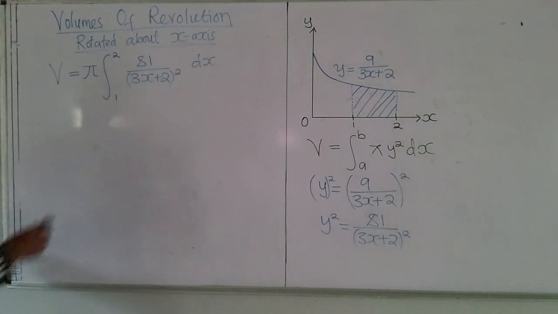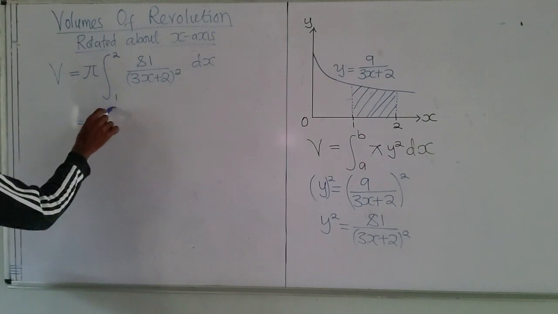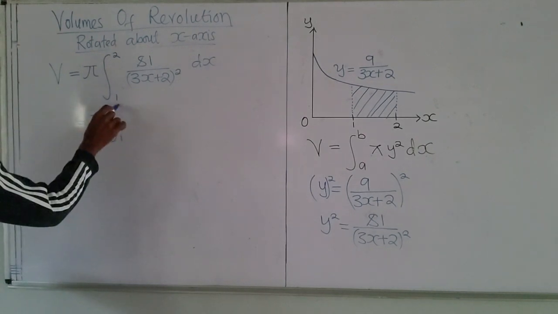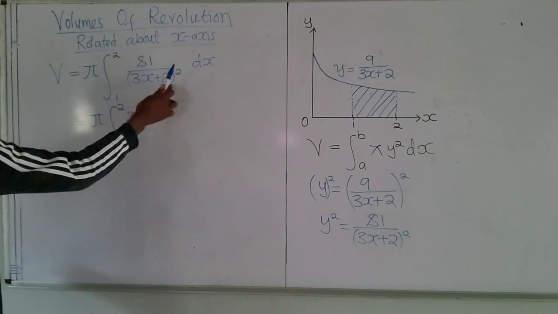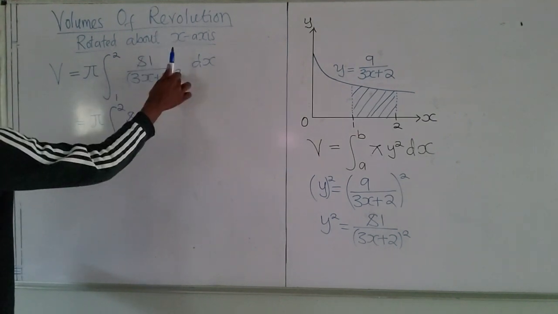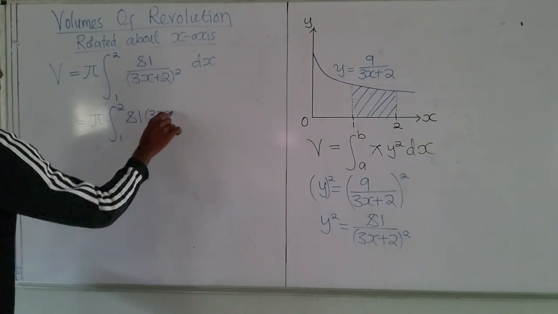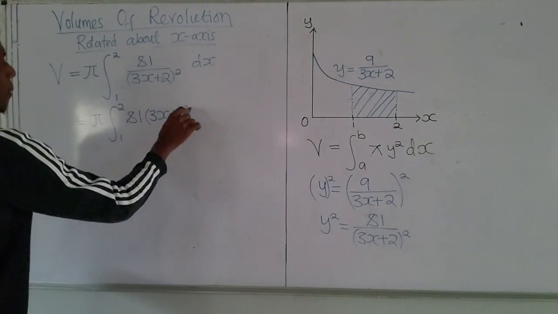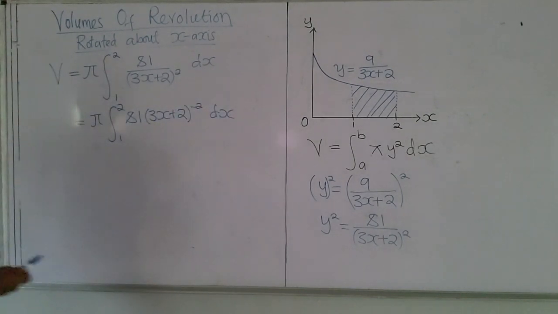The pi comes as it is. We've not integrated anything. Using the properties of indices, we can raise this up and it will have a negative sign, so it will be 81 times (3x plus 2) to the power negative 2. We have still not yet integrated.